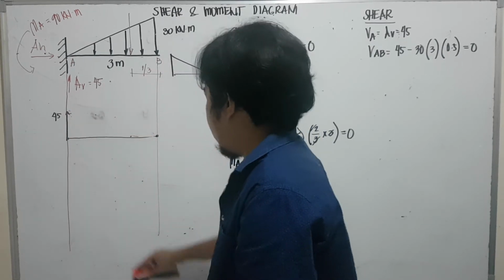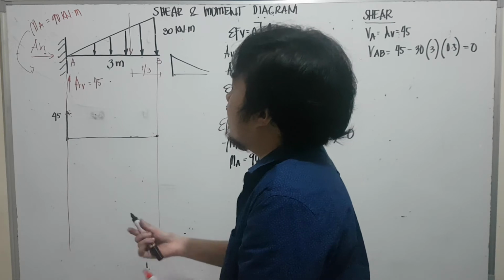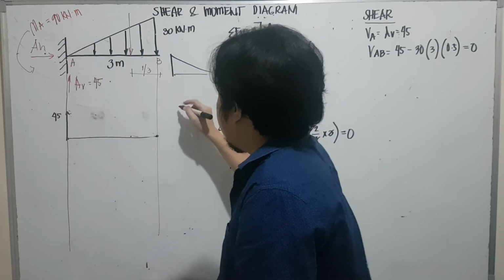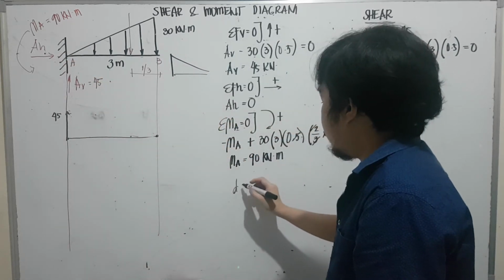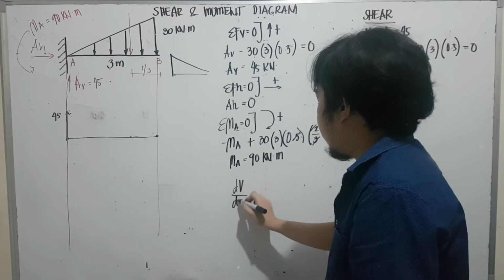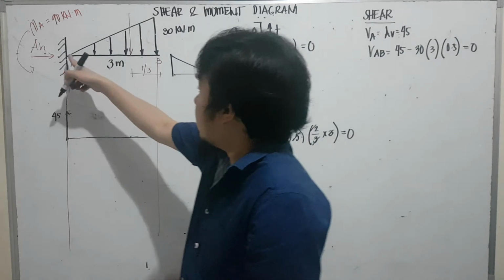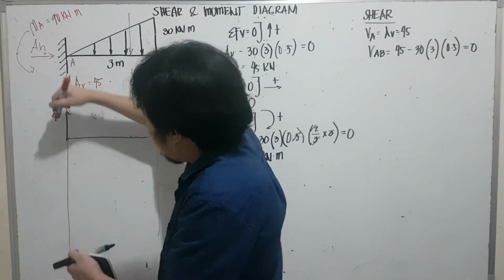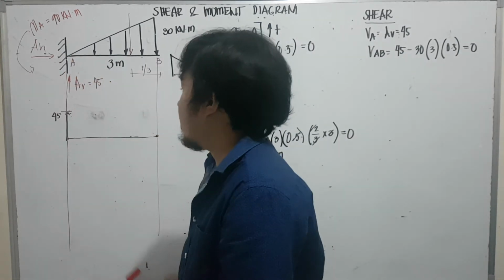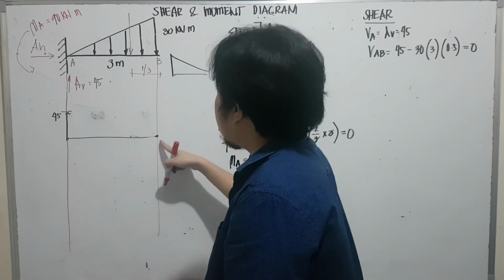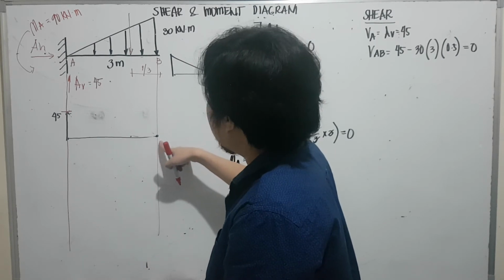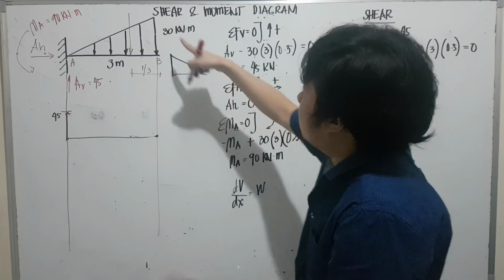Okay? So let's verify. The derivative of shear with respect to x is equivalent to the load. What is the load here? 0. So the slope here is 0. Now what is the slope here? The slope here is the load at this point.